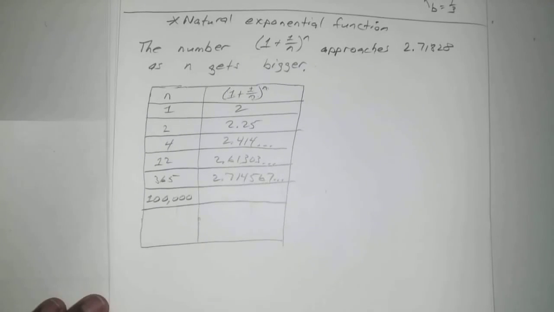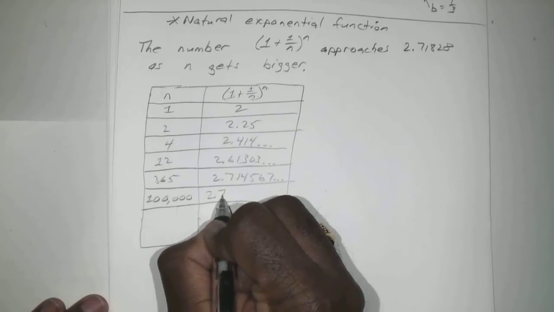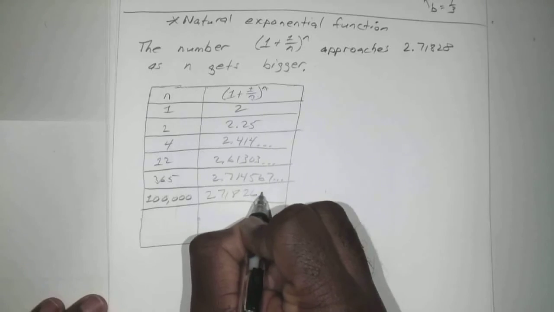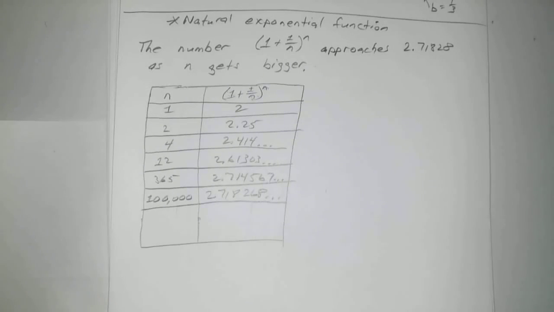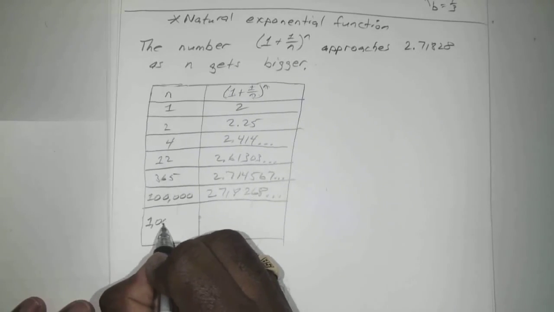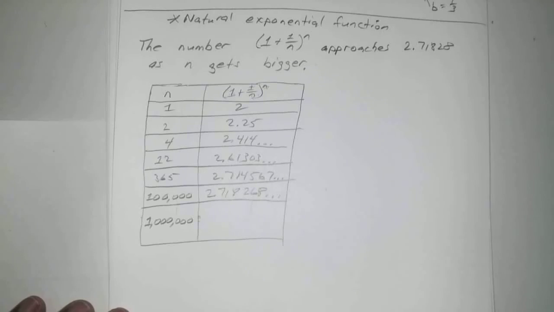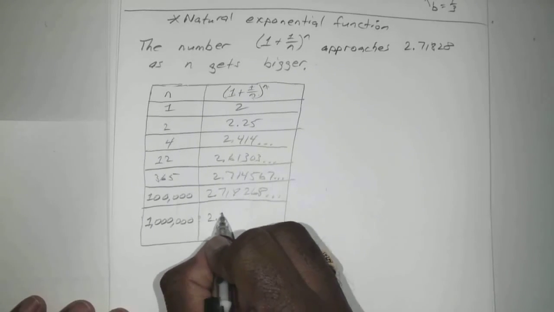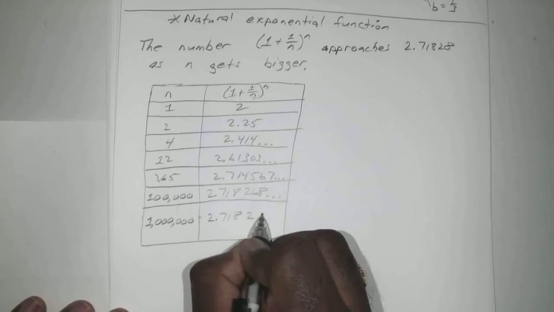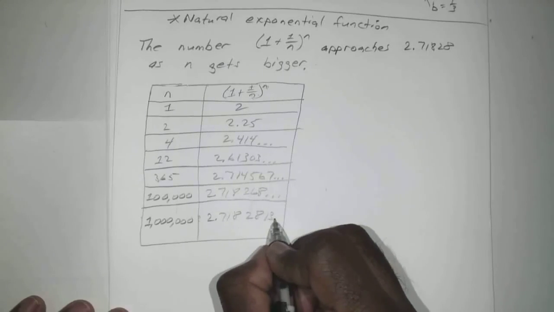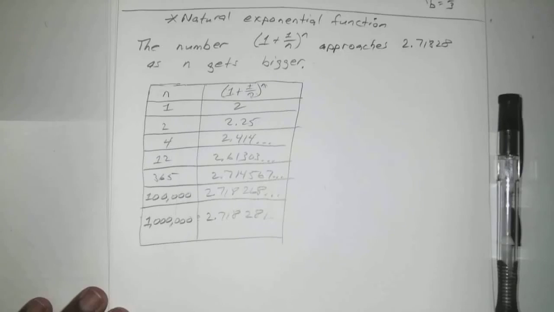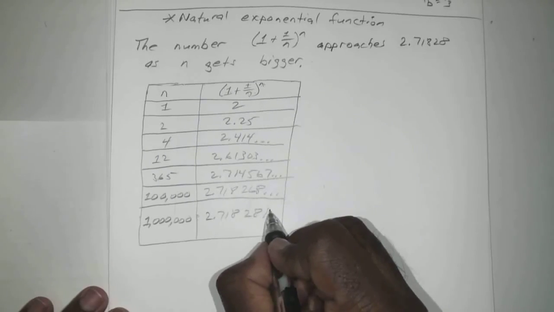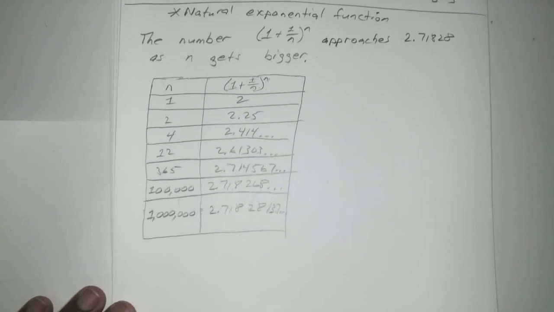As soon as you plug it into your calculator, you get 2.718268, and it keeps on going. Okay, so let's say you plug in 1 million. You'll end up with 2.7182837. And it keeps on going forever.